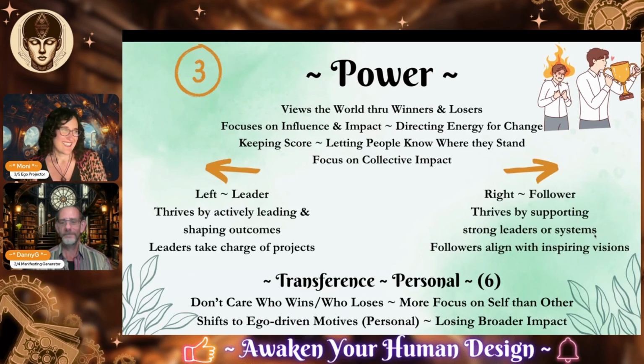Yes. So with the perspective of power, the left arrow is the leader, which thrives by actively leading and shaping outcomes, where leaders take charge of projects. If you have this as the right arrow, it's the follower, which thrives by supporting strong leaders or systems, and followers align with inspiring visions.